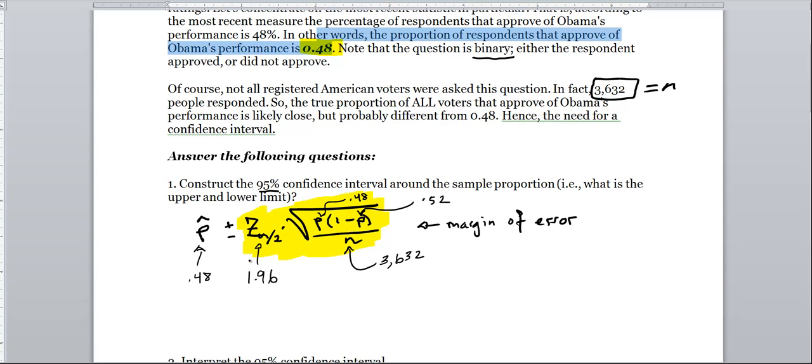So 0.48 times 0.52 divided by 3,632. Take the square root of that, multiply it by 1.96, 0.0162, let's say.